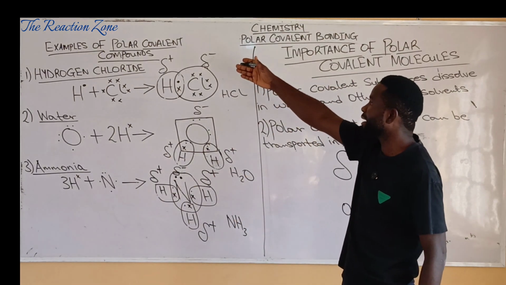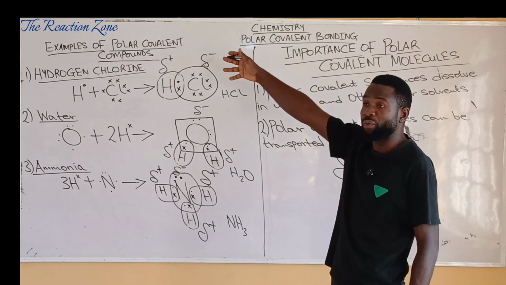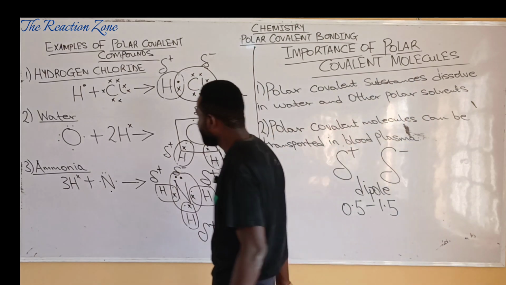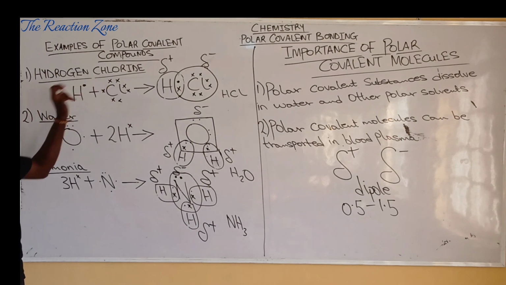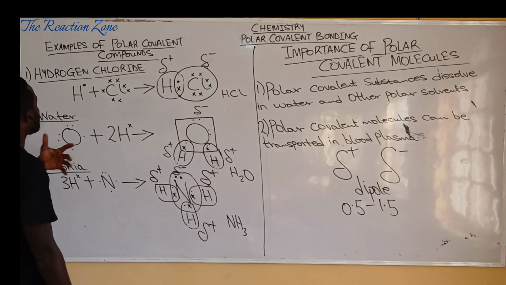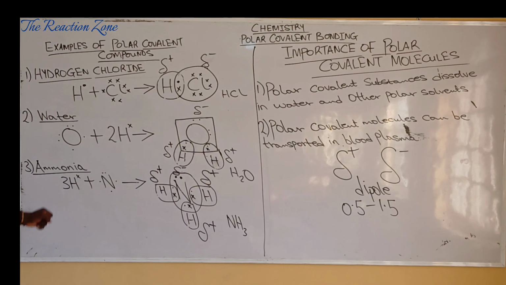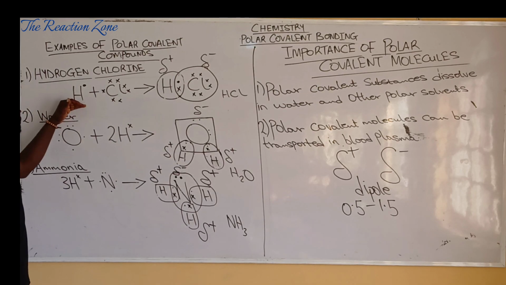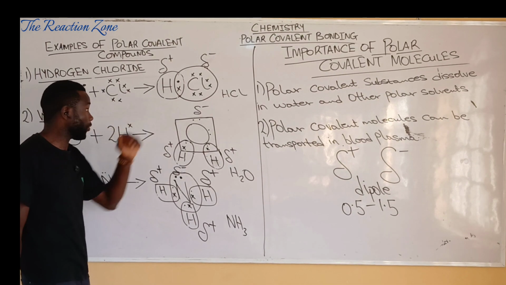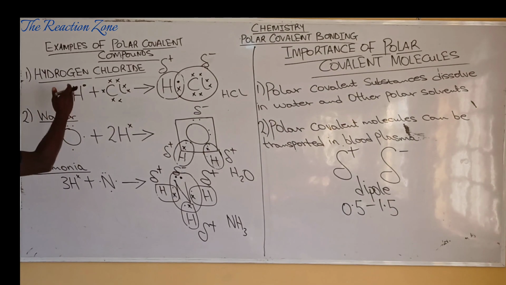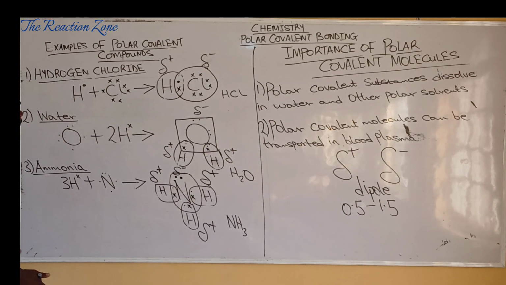Here we see examples of compounds formed by polar covalent bonding. The first example here is hydrogen chloride. In the formation of hydrogen chloride, one hydrogen atom combines with one chlorine atom. Hydrogen has a covalency of 1.